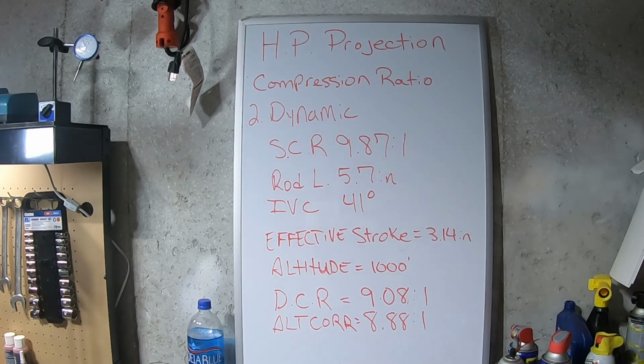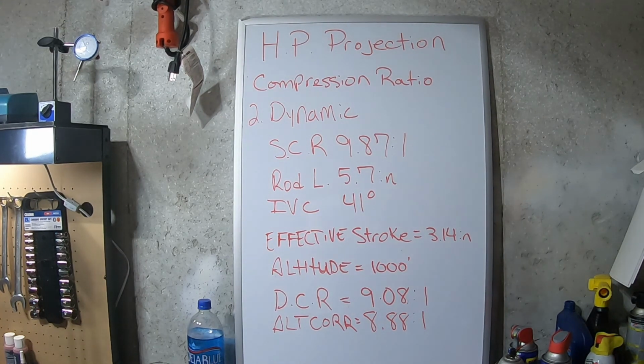You know that the static stroke was 3.48 inches. So I'm losing 0.3 of an inch of stroke because the valve is not closed yet when the compression stroke is beginning its cycle. So my effective stroke is less than my static stroke. That's why your dynamic compression ratio is almost always lower, should be lower than your static compression ratio.